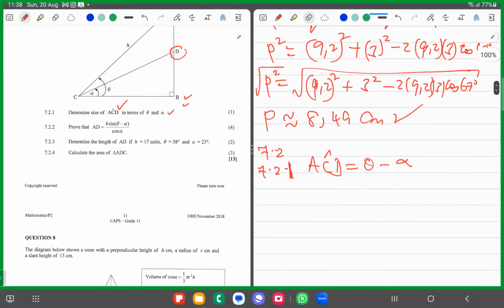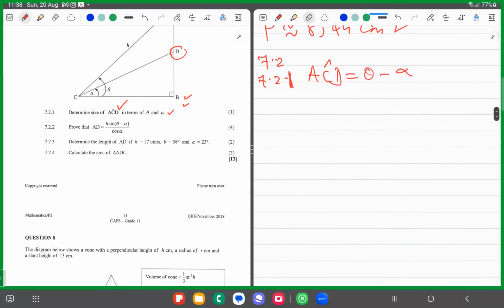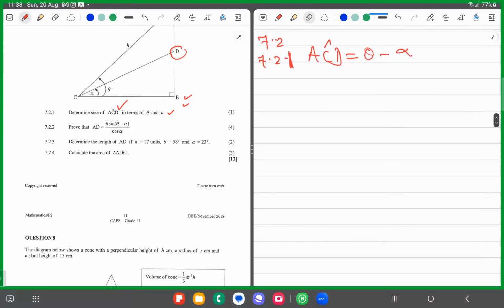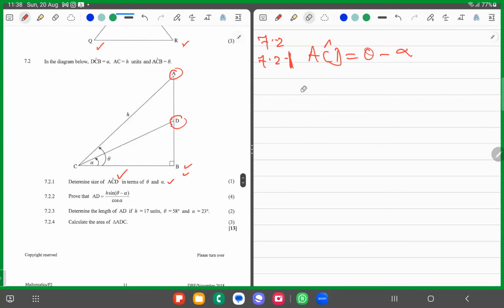Okay, right back. And therefore, in 7.2.1, we have that. I was saying, basically, at this point, somebody can say the angle theta. So this is an alternative: the angle theta is alpha plus ACD.